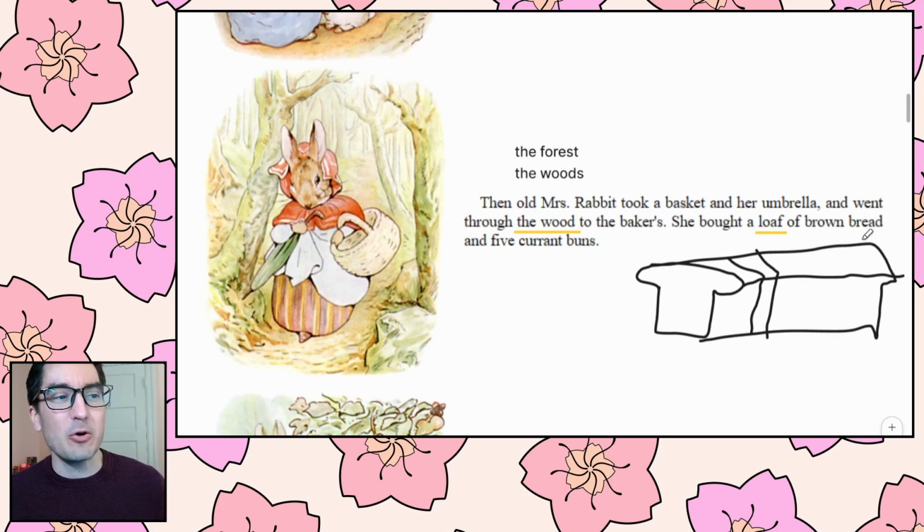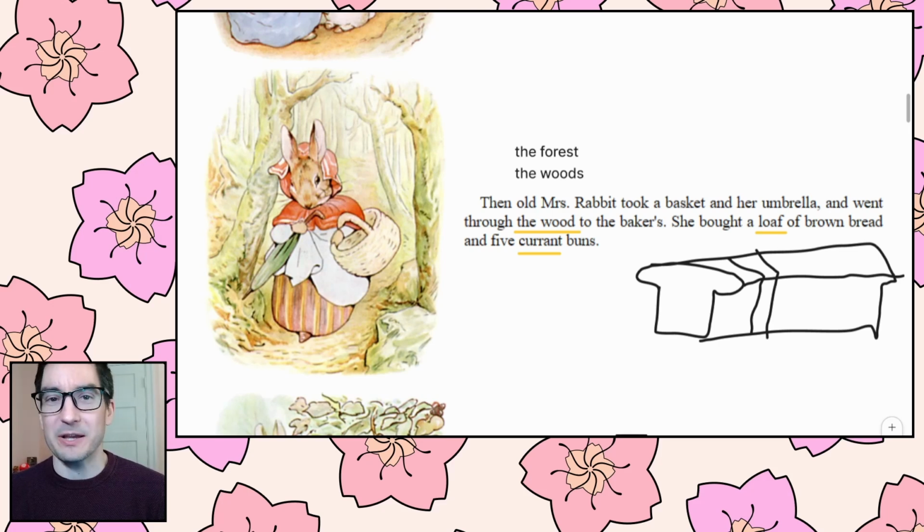So she bought a loaf of brown bread and 5 currant buns. Currant is a berry. Oh, wrong color again. A currant is a berry that's cut. It looks like a blueberry. I think it might be darker, maybe almost black colored. Or like a dark purple maybe.